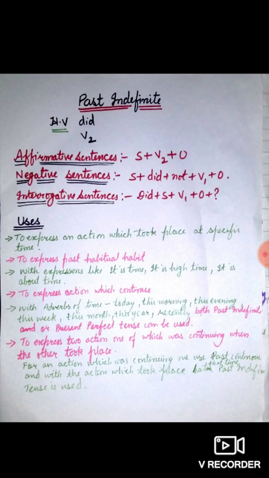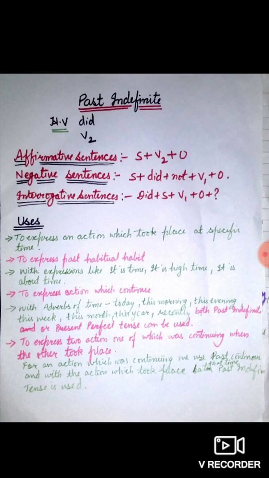Next is to express two actions, one of which was continuing when the other took place. First, I would like to tell you about past habitual action, for which we use past indefinite, and the expression "it is time, it is high time."